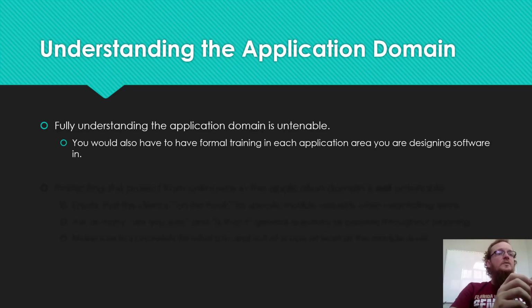So if you tried to understand the application domain completely, that's a little bit untenable. Basically, what you would be doing is saying every software engineer on the development team now has to go get a degree in finance. And some of you have to become CPAs, and some of you have to become licensed mortgage brokers, and some of you have to pass the Series 7.